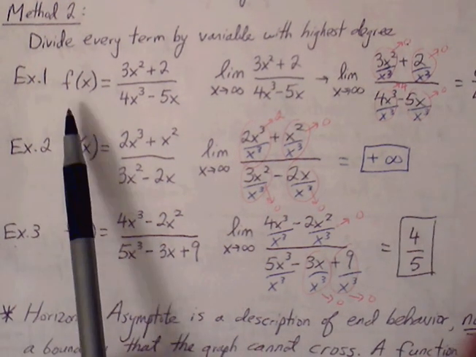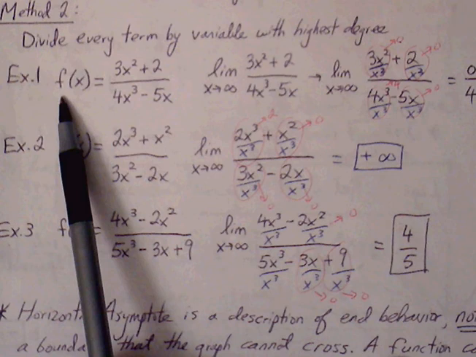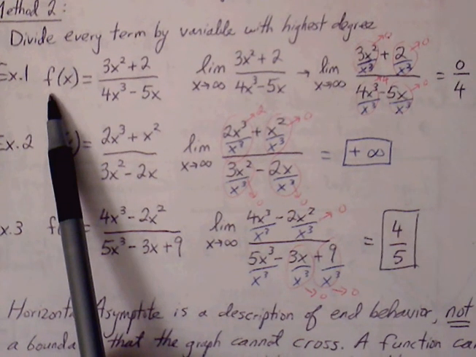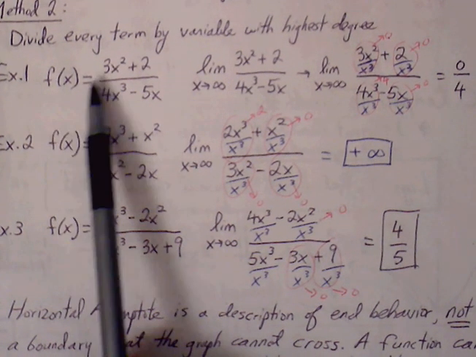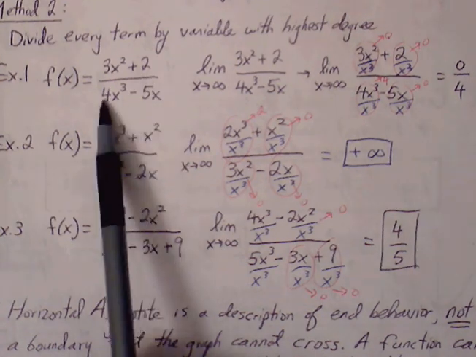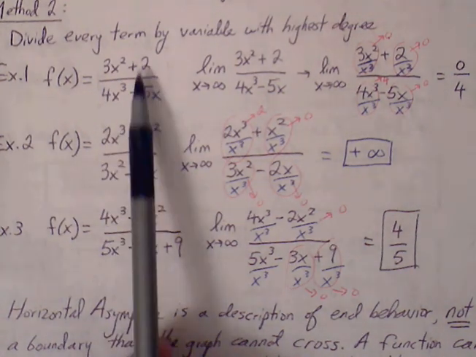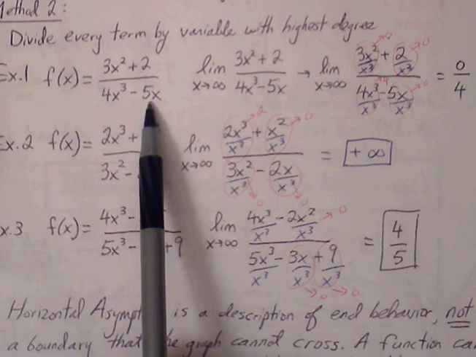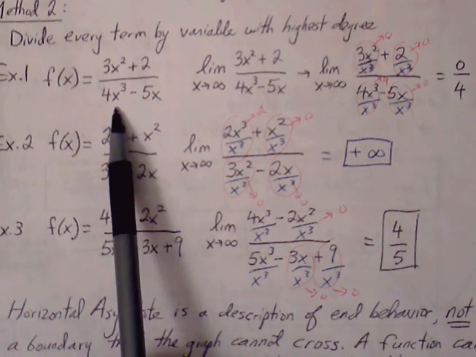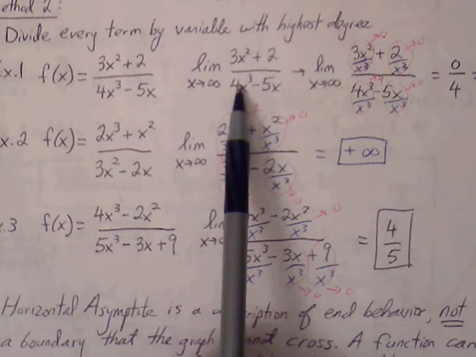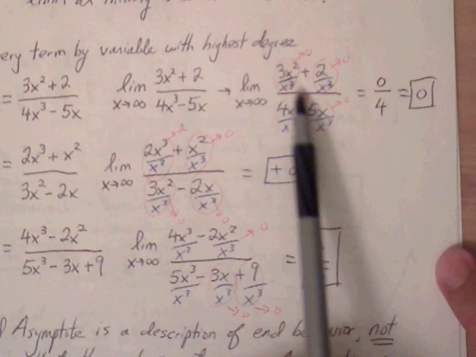So for example 1, if we want to find the limit as x approaches infinity, we just take each term. Well, we determine which degree is the highest. So in this case, the variable with the highest degree is x cubed. So we just divide every term by x cubed, just like what we see here.